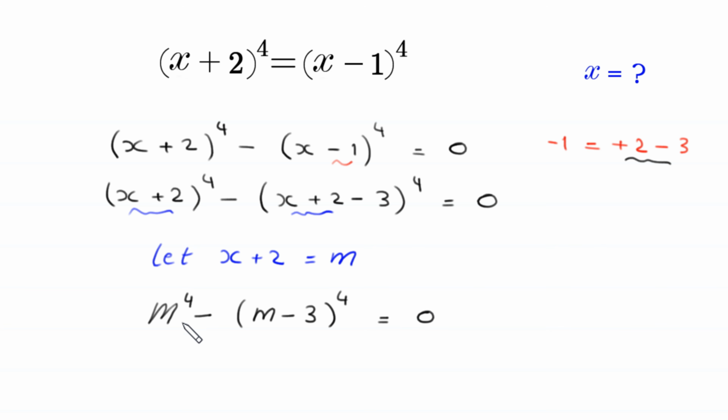Now this m^4 can be written as (m^2)^2 minus this (m - 3)^4 can be written as ((m - 3)^2)^2 is equal to 0.